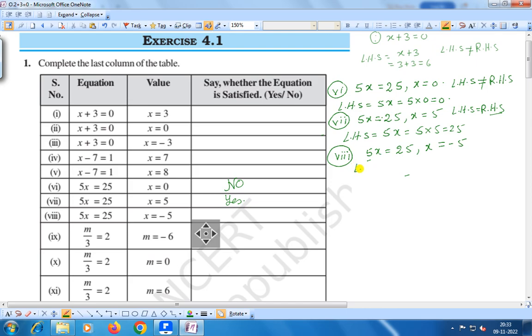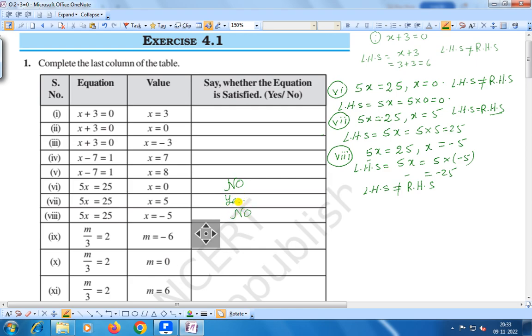The left hand side is equal to 5x, that is 5 into minus 5, which is minus 25, which is not equal to right hand side. Therefore, it doesn't satisfy the equation. Therefore, the answer is no.